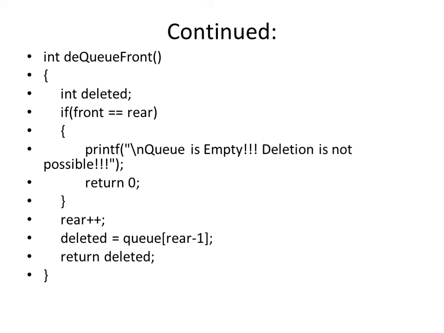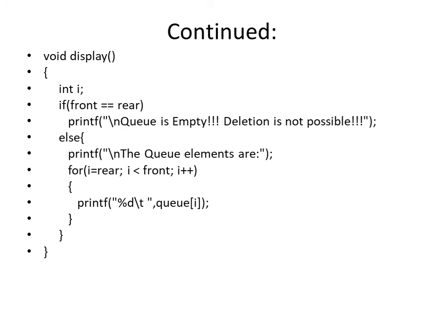Similarly, here DQ front. If front equals rear, print queue is empty, deletion is not possible. Otherwise, increment rear, r plus 1. Delete equals queue of r minus 1. Here I am deleting the elements and decrementing the rear and returning deleted, that means the element which is deleted.